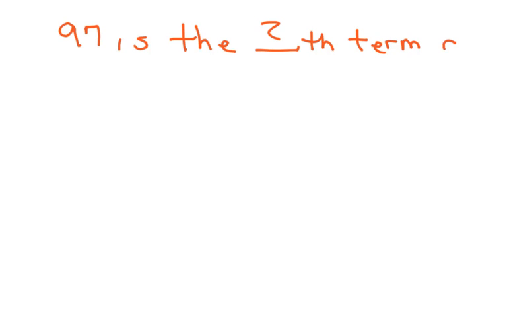Let's just do one more set here. We're going to complete the statement. 97 is the what term of -3, 1, 5, 9, and so forth.